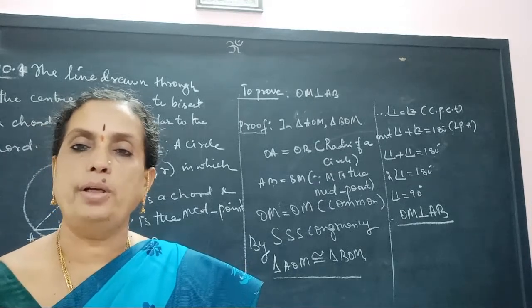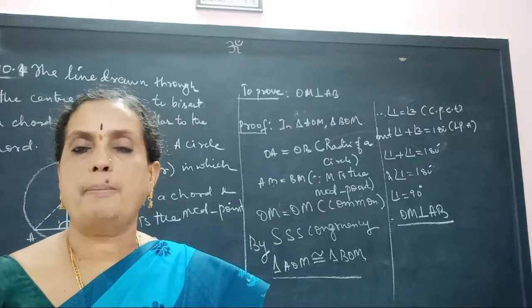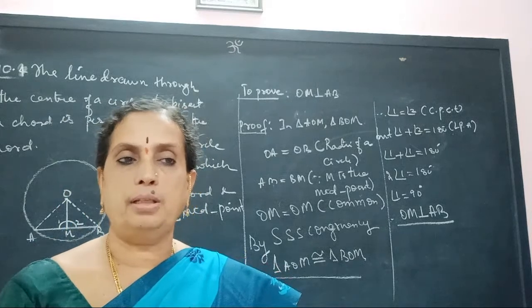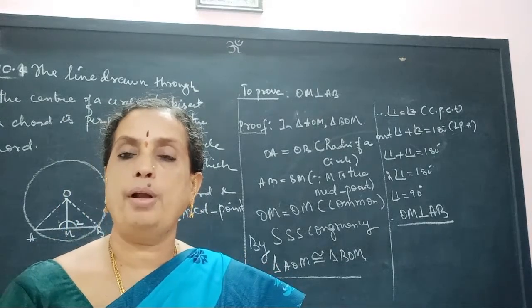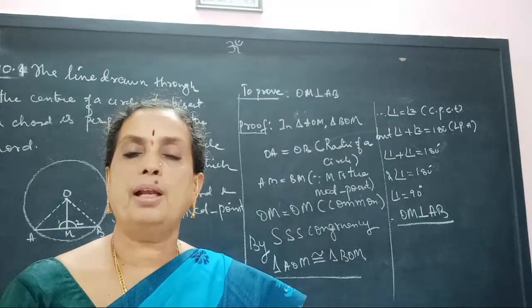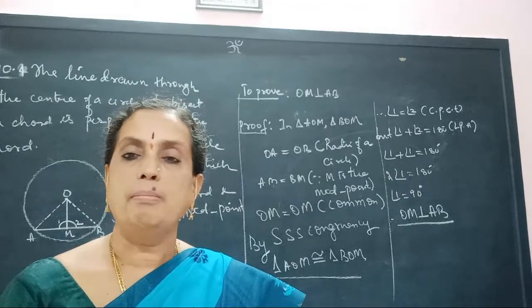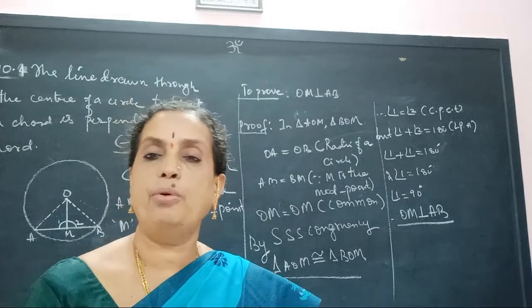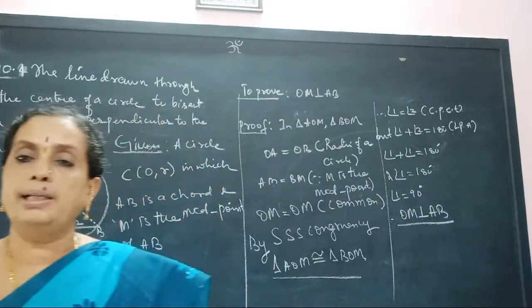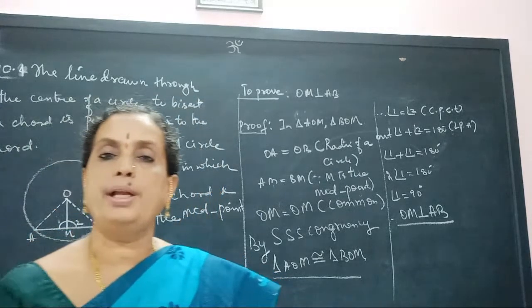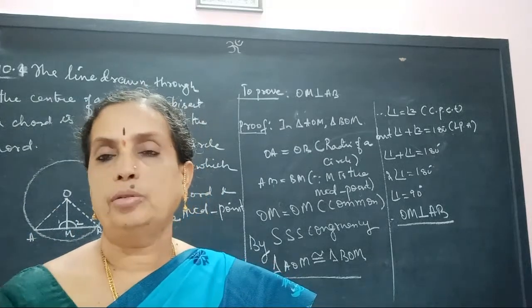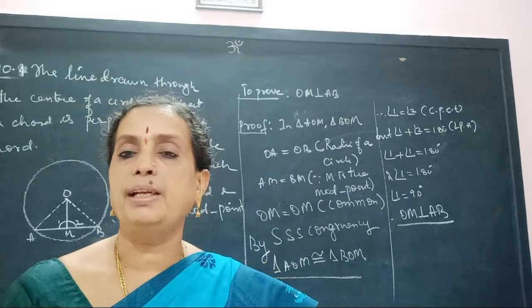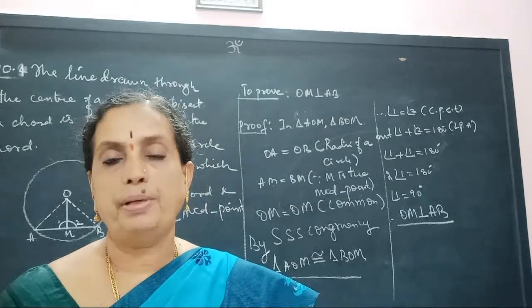Theorem 10.2, chords which subtend equal angles at the center are equal. Theorem 10.3, perpendicular line from the center bisects the chord. Theorem 10.4, line from the center joining the midpoint is perpendicular to the chord. Theorem 10.5 is deleted from your chapter.